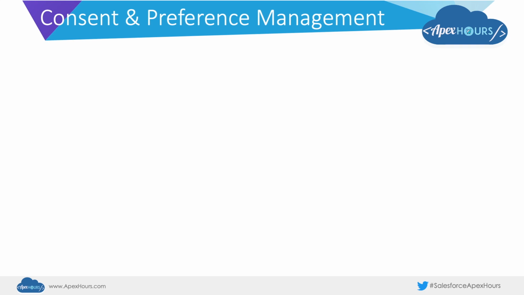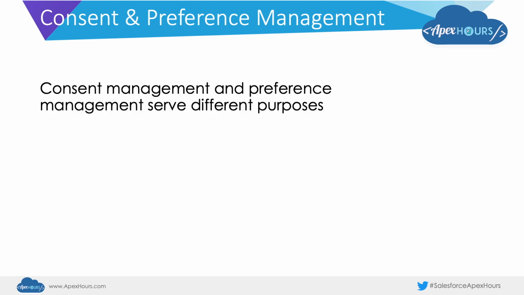Now, many of you may be wondering, but what if I already have a preference center? There's often ambiguity on the differences between capturing consent and the role of email preference centers. Some assume that the role of a preference center is consent management, but it's not. Consent management and preference management serve different purposes.